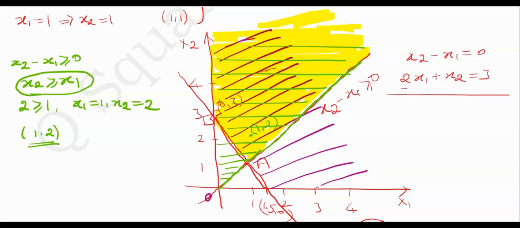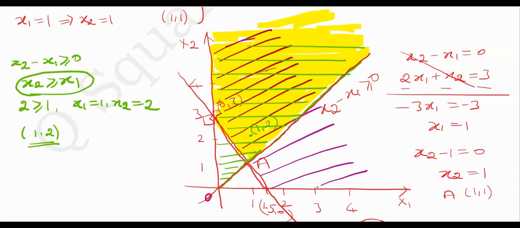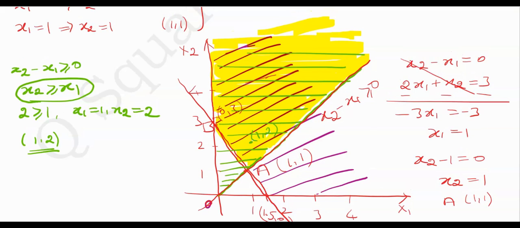If we solve these two equations, we will get the point A. So minus 3x1 equal to minus 3, so x1 is equal to 1, then x2 minus 1 equal to 0, so x2 is also 1, so A is (1, 1). Actually this A and B are the only known vertices in the unbounded region.